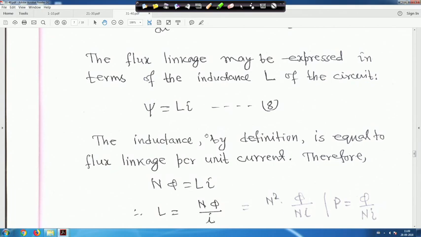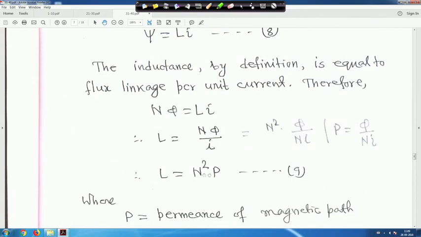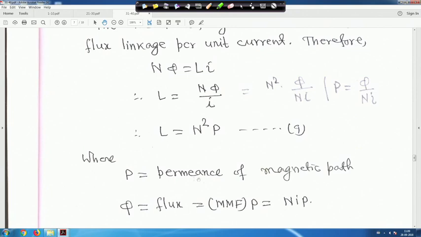We know n phi is equal to Li, therefore L is equal to n phi upon I. Now multiplying numerator and denominator by n, it is n square into phi upon ni, but permeance P is equal to phi upon ni. Therefore, L is equal to n square into P, that is n square into permeance, equation 9, where P is the permeance of the magnetic path.